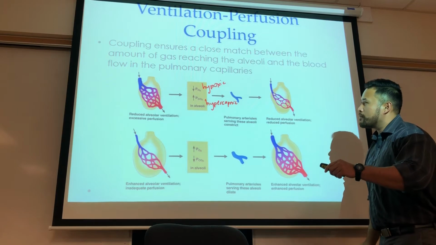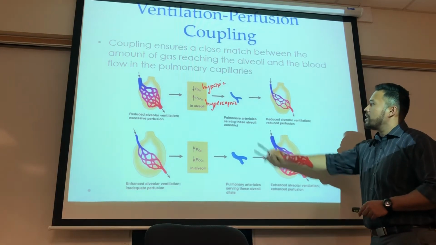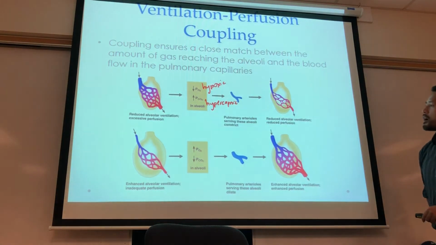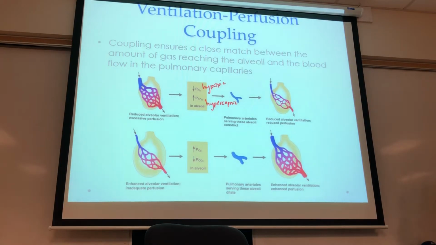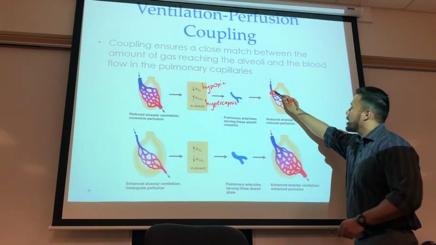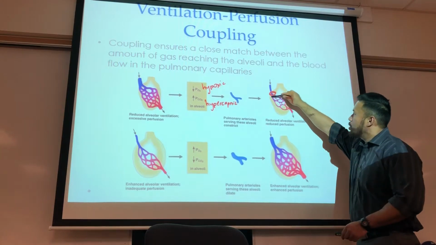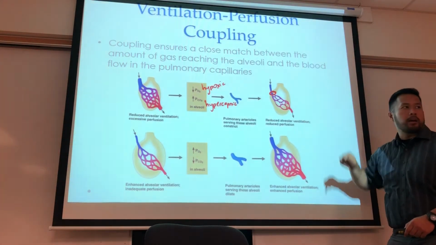What happens with the perfusion is that the pulmonary arterioles are going to constrict. So we see constriction in the precapillary sphincters that's going to reduce the amount of blood flow.